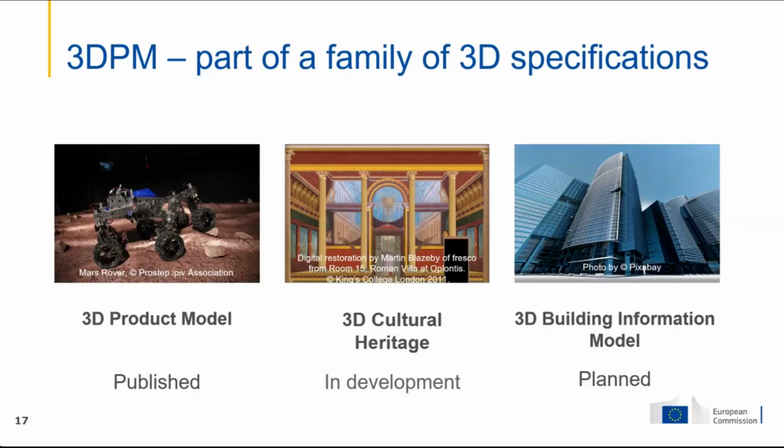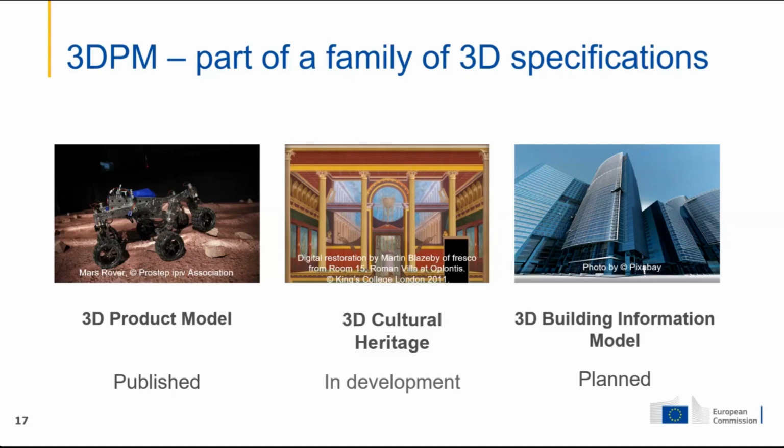But within the 3D arena, which is a very wide area covering different use cases, different domains, different data types, there is some commonality. So we are looking at a family of 3D specifications concerned with different manifestations, if you like, of 3D data.